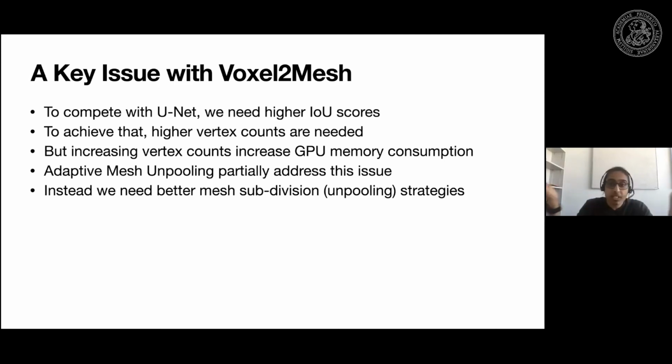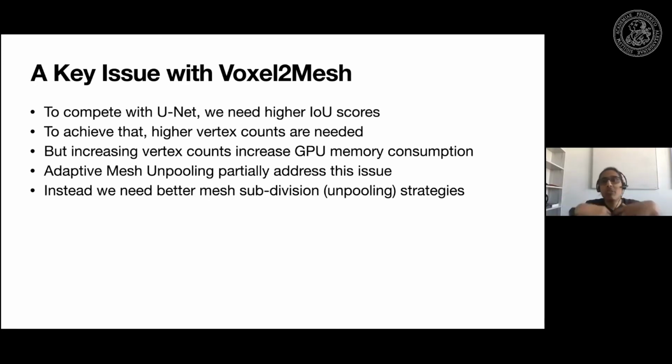This is something that is open to everyone, to come up with good mesh subdivision strategies that would make it more practical, more usable for everyone, more commonplace. If we can keep the vertex count lower, the training time would reduce, the memory consumption would reduce, and it would get more and more practical.